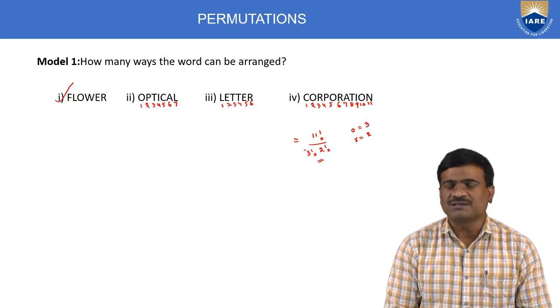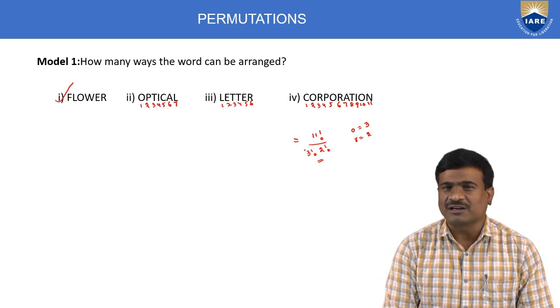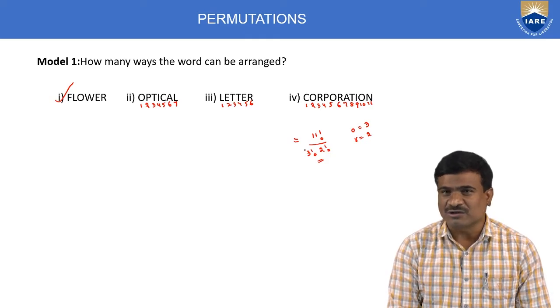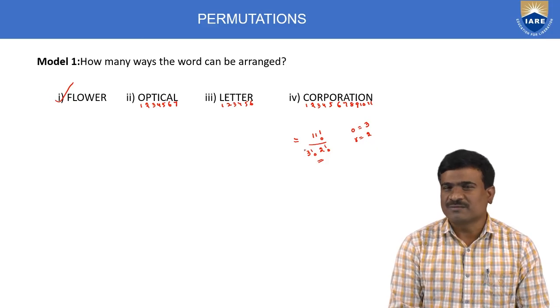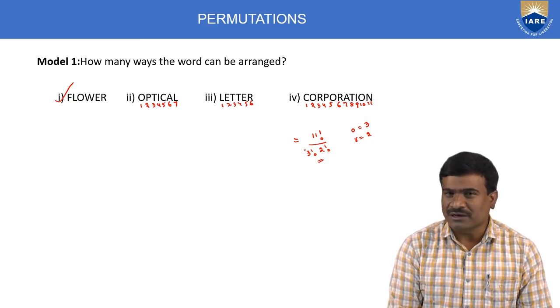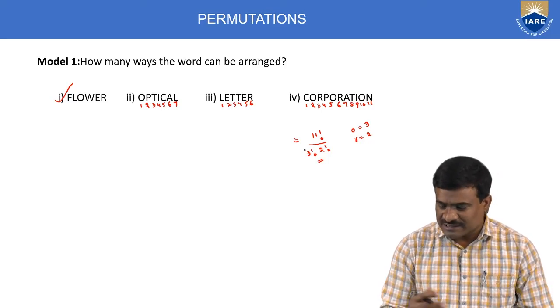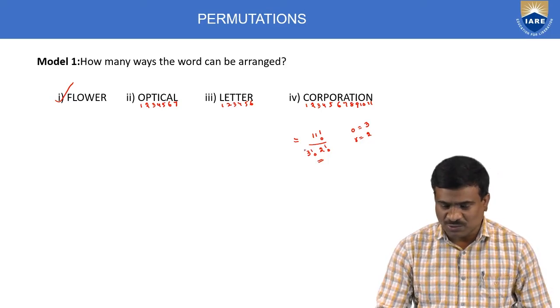This is about the total number of arrangements in the permutation concept. Here two methods are applicable: first, non-repeated letters; second, repeated letters. Next, the second model, model number 2.